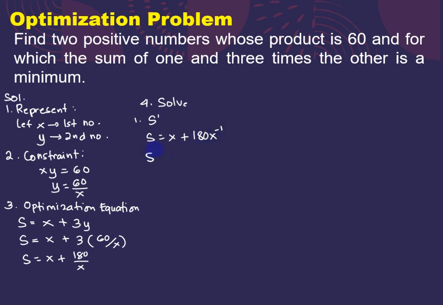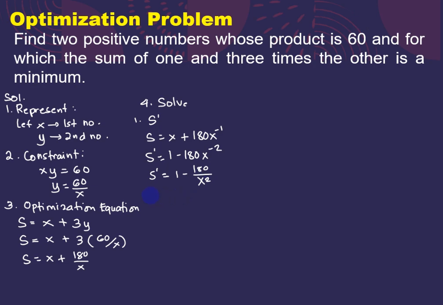Then, differentiate. Derivative of x is 1. Then, 180 times negative 1, that's negative 180 x to the negative 1 minus 1, negative 2. Or, 1 minus 180 over x squared. Okay?